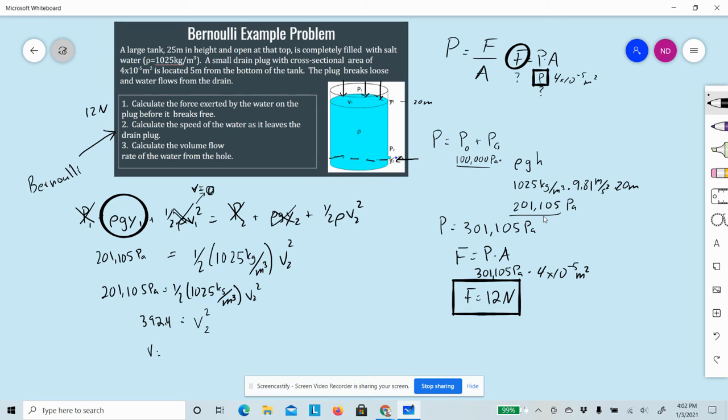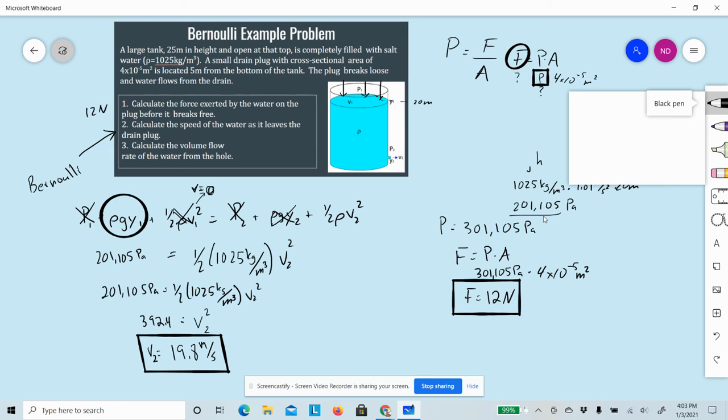And so v is going to equal the square root of that, 19.8. 19.8 meters per second. That's v2. The water shoots out here. The water is shooting out here with a speed of 19.8 meters per second.